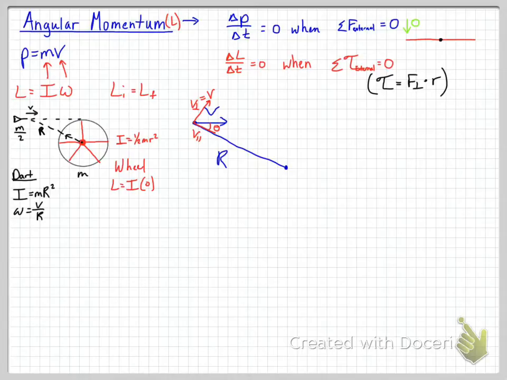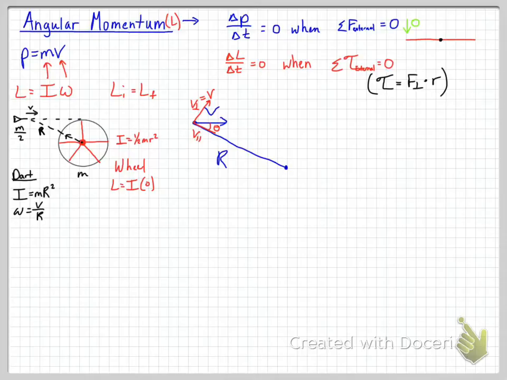So we have this velocity that it's traveling at, and it has both x and y components, if you want to think about it like that, but it basically has parallel and perpendicular motion to the axis, or to the wheel. So the only part of the velocity that our dart is traveling at that we care about is velocity perpendicular, so we can create some type of torque, some type of spin.